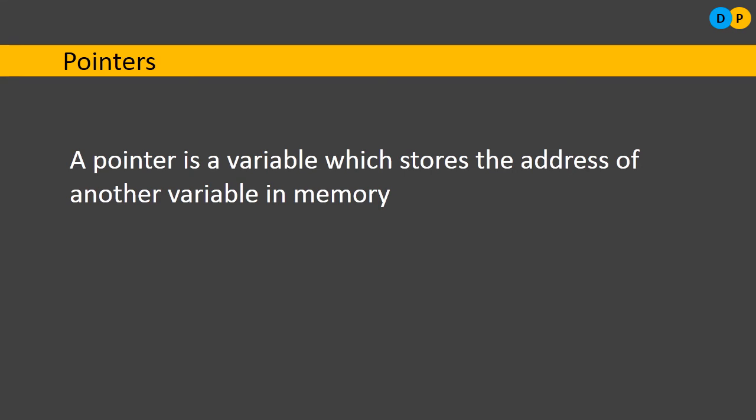We can have any number of variables. If you want to hold the address of another variable, then we consider a pointer variable. Next question: how many addresses can a pointer variable hold? A pointer variable has the ability to hold only one address, not more than one. That is what a pointer means.